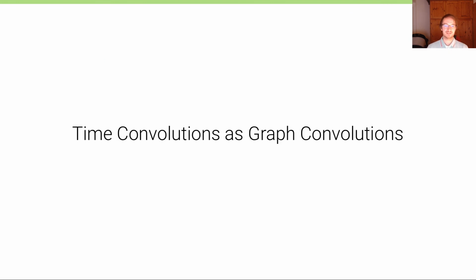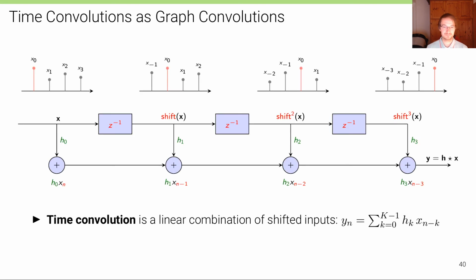Now, what's interesting is that these graph convolutions, as we have defined them in the most general form, actually capture important special cases such as 1D time convolution. Time convolution is actually just a linear combination of shifted inputs, as we know.